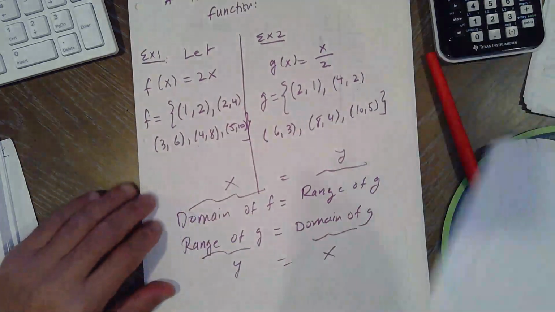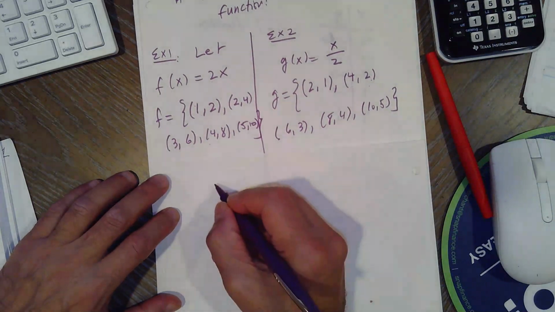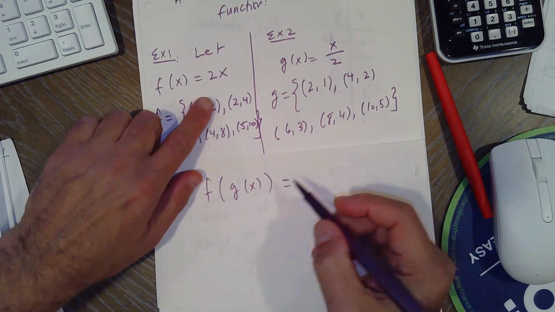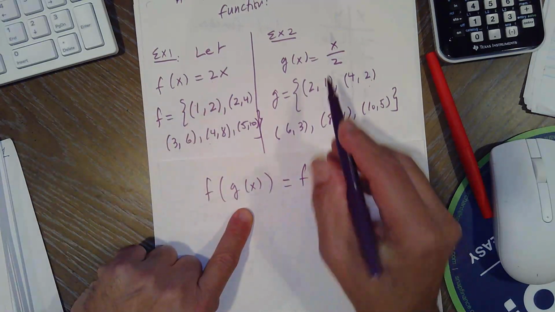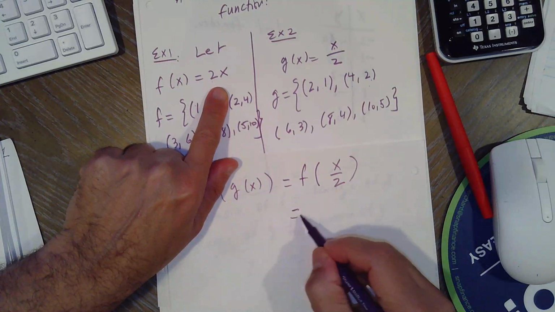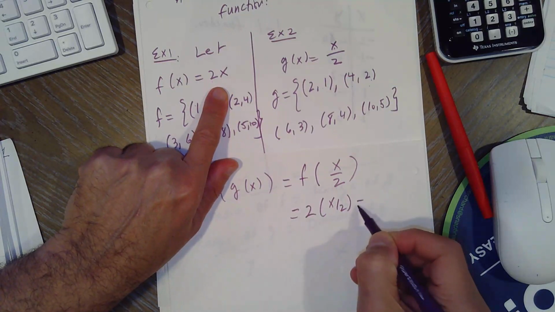Also, what's really important, if you do f of g of x, f composite g of x, g of x is x over 2, and you take this and plug it into f, 2 times x over 2 is x.